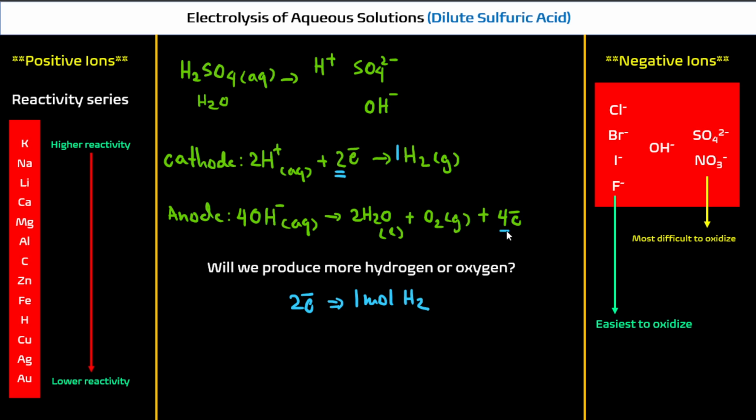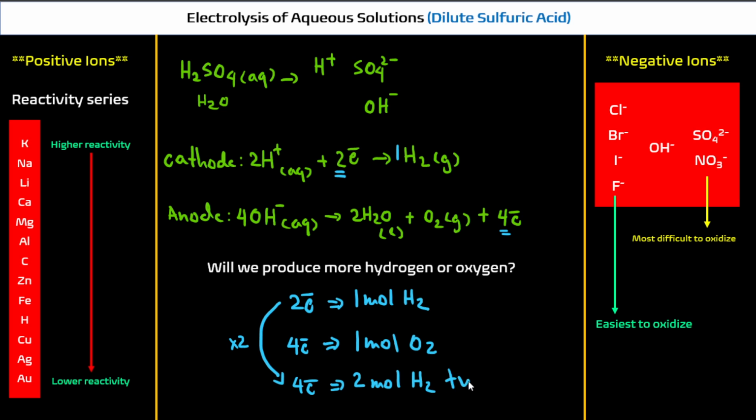But it will require us 4 electrons to get only 1 mole of oxygen. Meaning that if we actually use 4 electrons, we will get 2 moles of hydrogen. So we can say that twice the amount of hydrogen will be produced compared to oxygen.